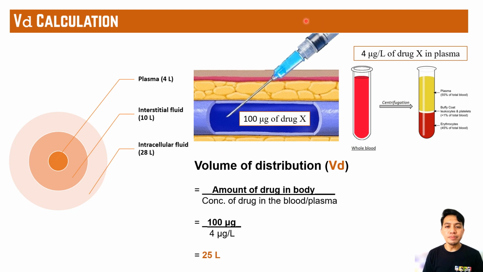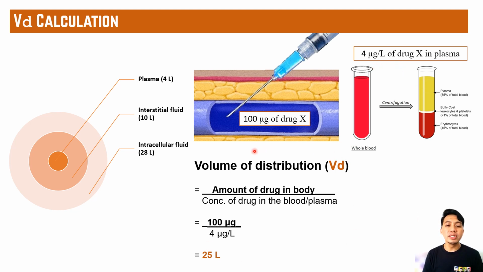As an example, 100 micrograms of drug X is administered intravenously. After a while, the nurse takes some blood samples and does the analysis, which finds that 4 micrograms per liter of drug X is available in the plasma.